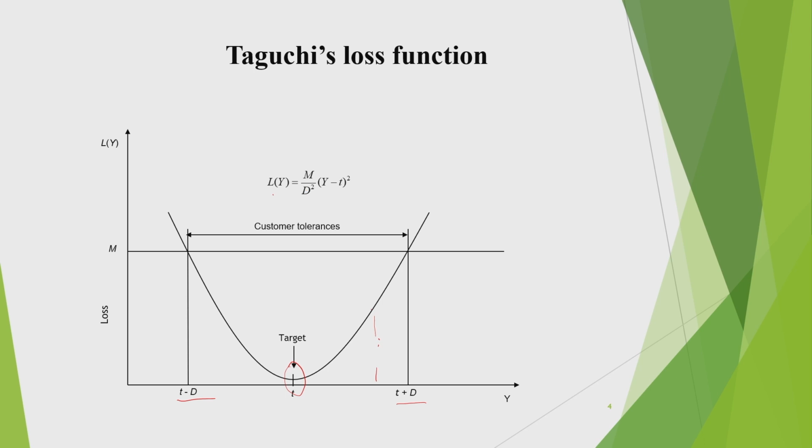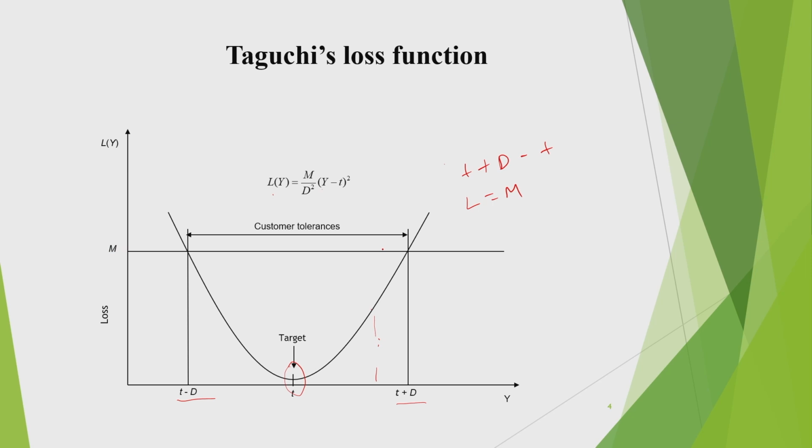How do you say that? Suppose you put y equal to T plus D and subtract T, so T plus D minus T, T will cancel, it becomes D, and this is D square, so the loss becomes m. That means the total loss is basically m.